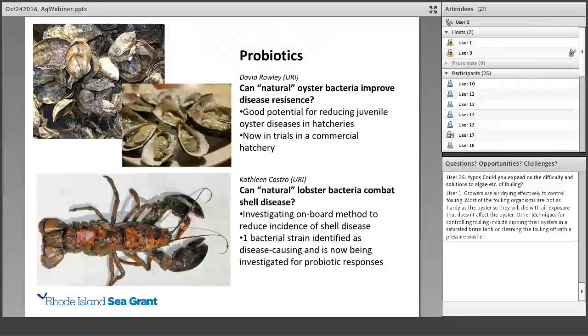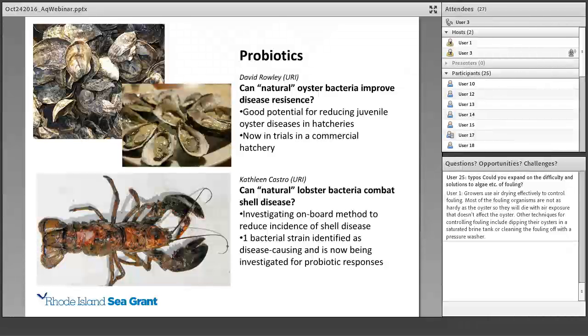They have a natural growth of bacteria on their shells in the natural environment. And some of those bacteria he has been working with, tracing out their genetics and trying to then grow them. They have these probiotic bacteria. A probiotic is a naturally occurring bacteria that has a positive health impact.